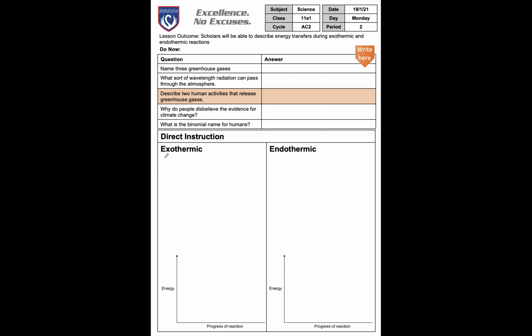On the left here we have exothermic reactions. These are reactions in which energy is transferred to the surroundings.